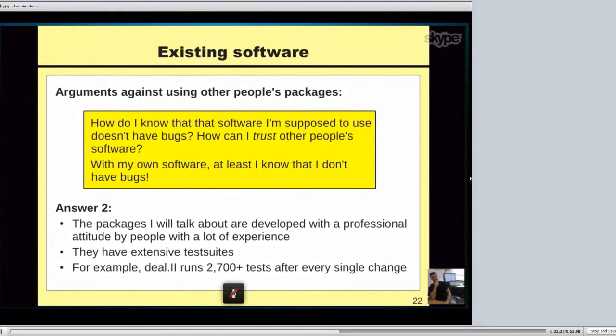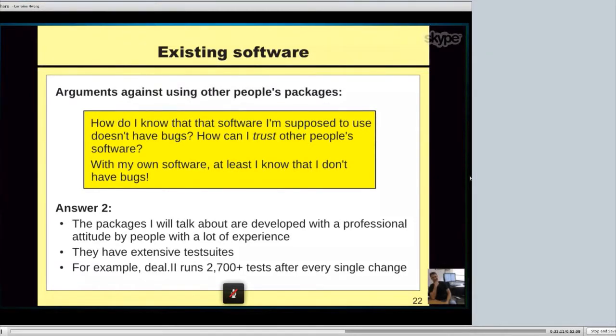To give you an example from my own package, deal.II, we have a version control system where every single change that we do goes in. So I can go back in time 15 years and see exactly what the state of deal.II was at the time. Every time somebody changes something in the software, we run a test suite that has on the order of 2,700 tests. These tests take on the order of 10 CPU hours to run, and they're designed to test as much of deal.II as possible.